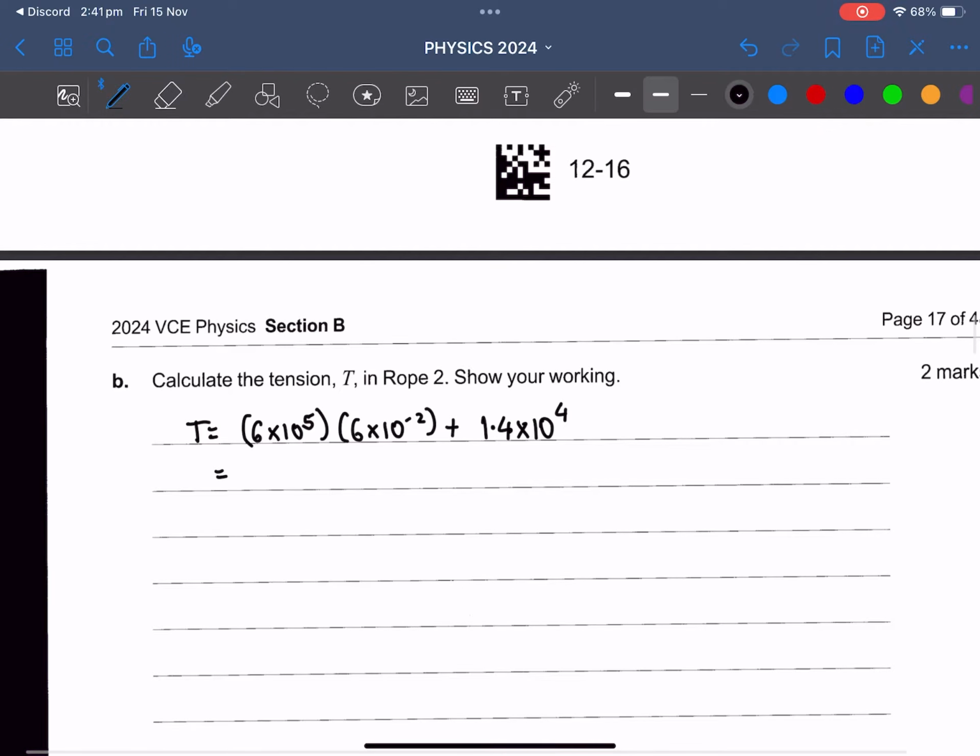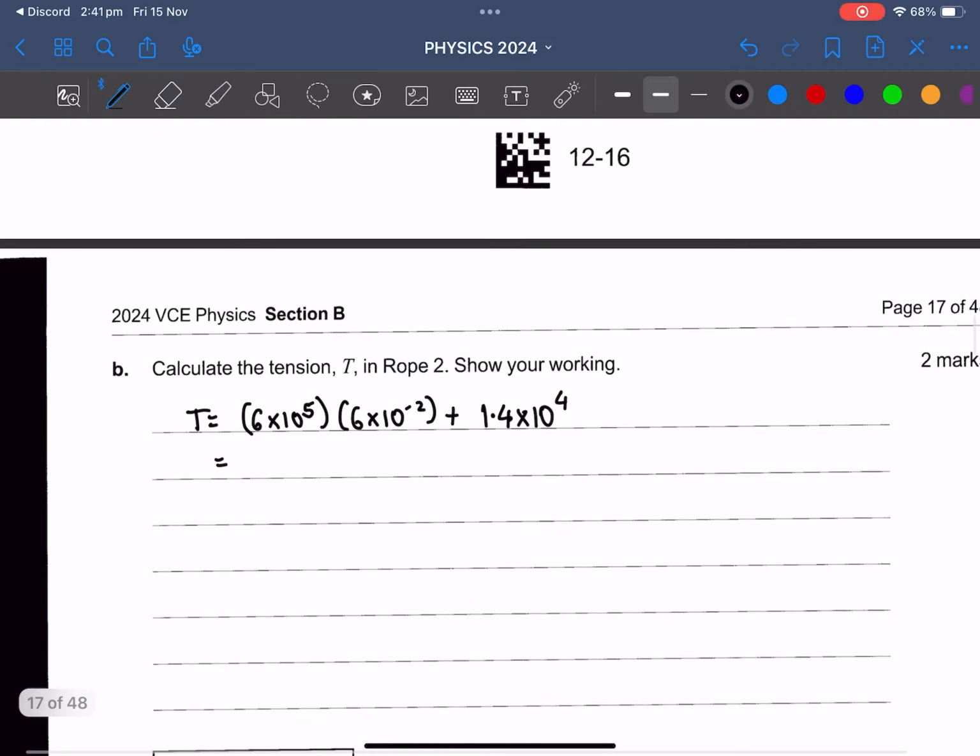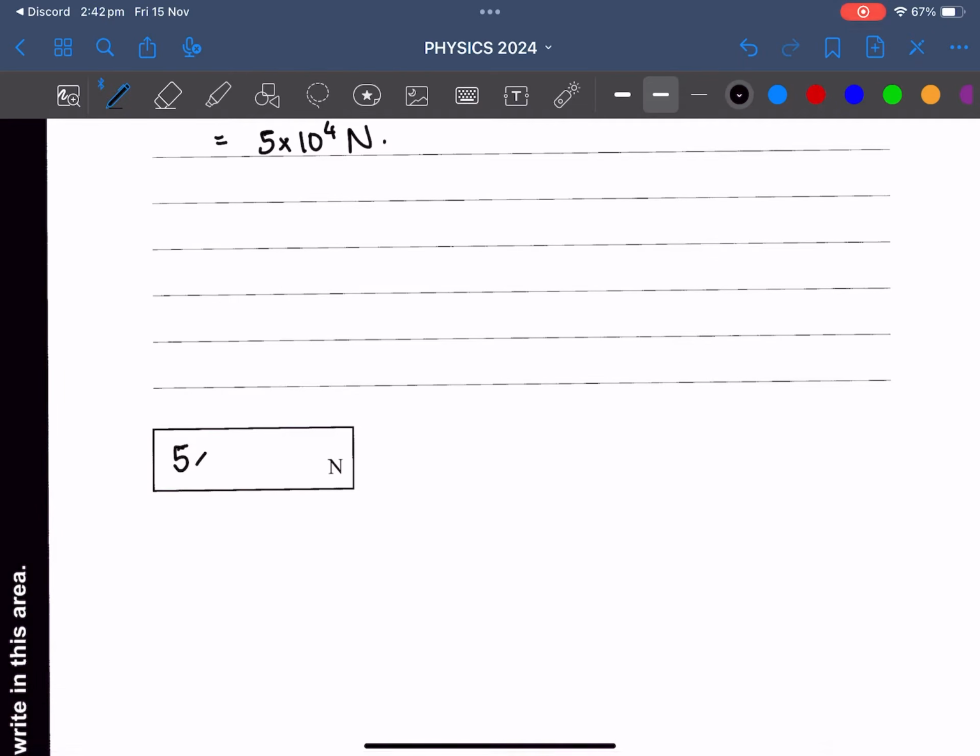If I put this in my calculator, let me just do that real quick. So 6 times 10 to the 5 times 6 times 10 to the minus 2 plus 1.4 times 10 to the 4. So I get 5 times 10 to the power of 4 newtons. Okay.